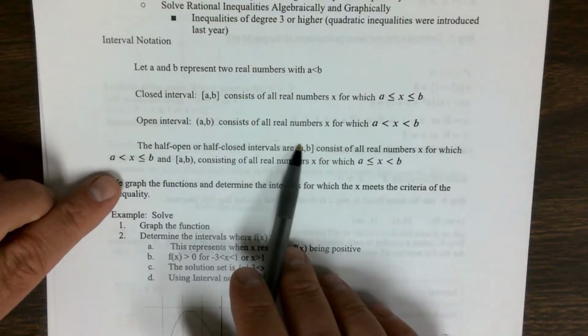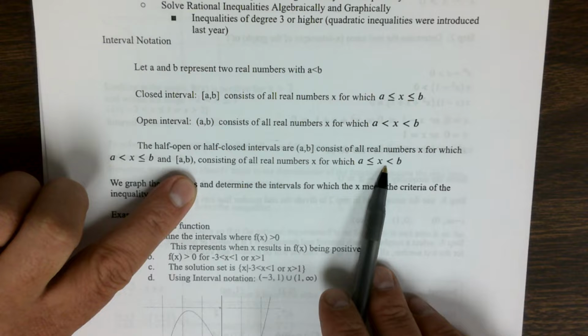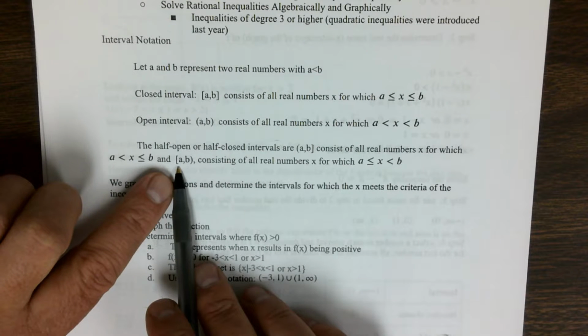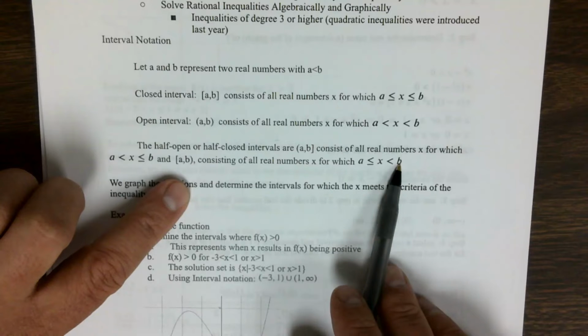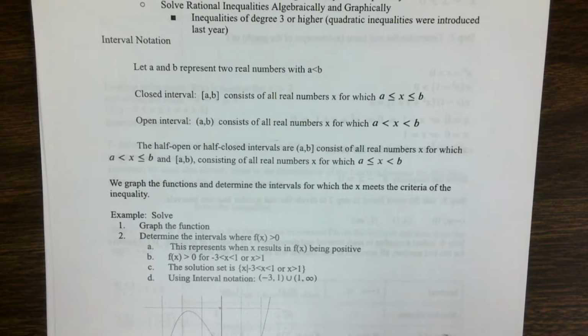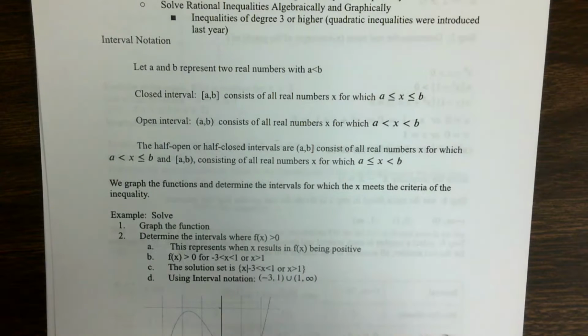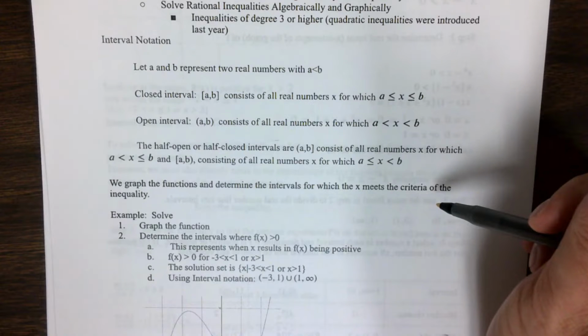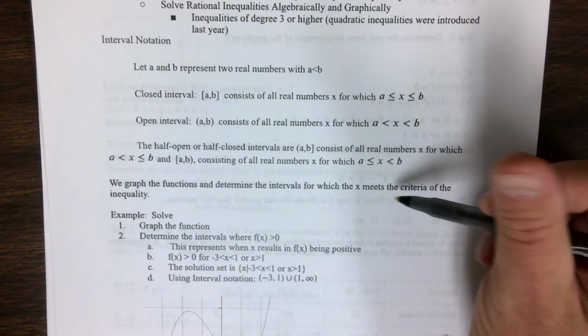Since it's a less than or equal to x, it's bracket a, and then the b part was with the parentheses over here. Okay, so you got to pay attention to that part. We graph them and determine the intervals for which the x meets the criteria.